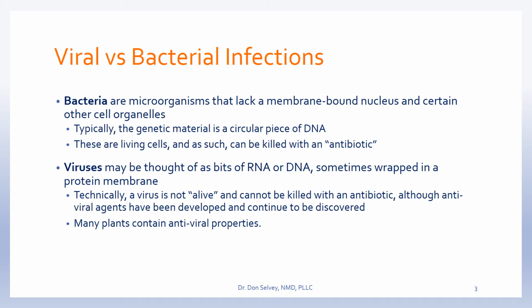It's a little circular piece. Now, our DNA is a double-stranded molecule. In a bacteria, it's not. It's a little circular piece of DNA. The big part is that bacteria are considered to be living cells. They procreate, they reproduce, and as such, they can be killed with an antibiotic. Think of penicillin that was used 100 years ago.